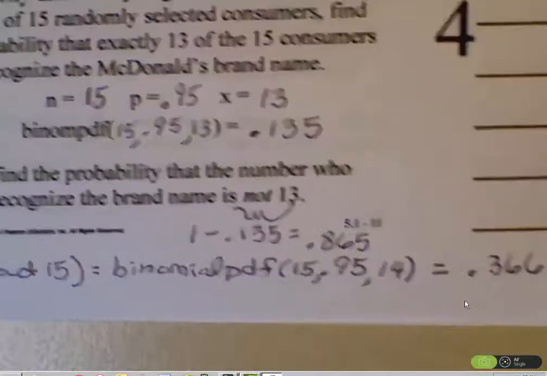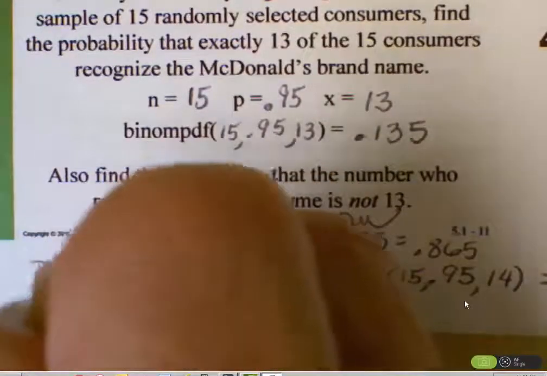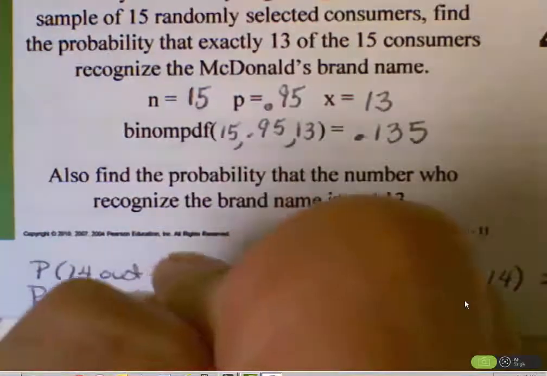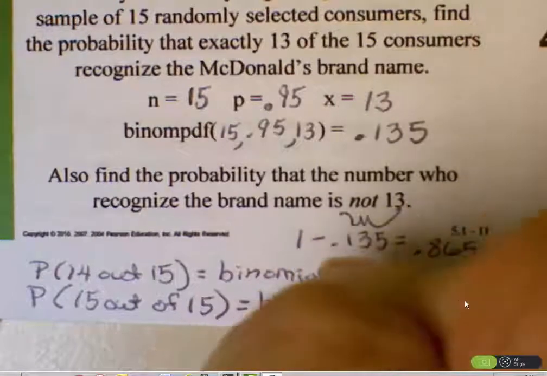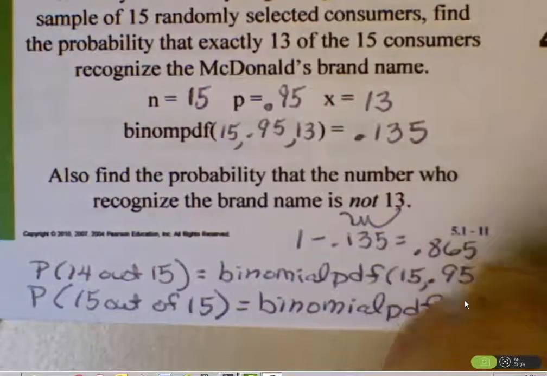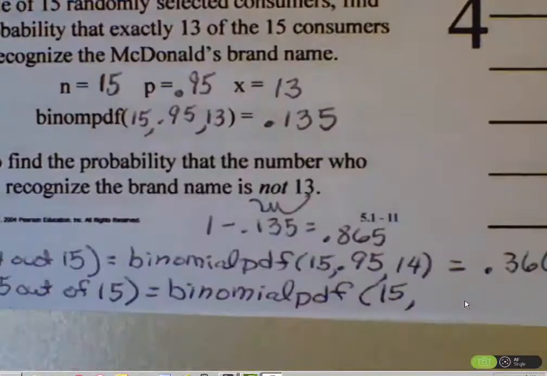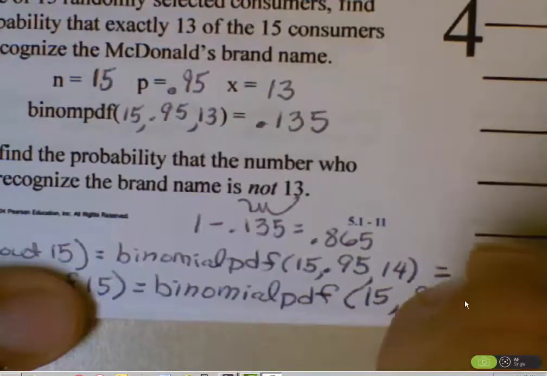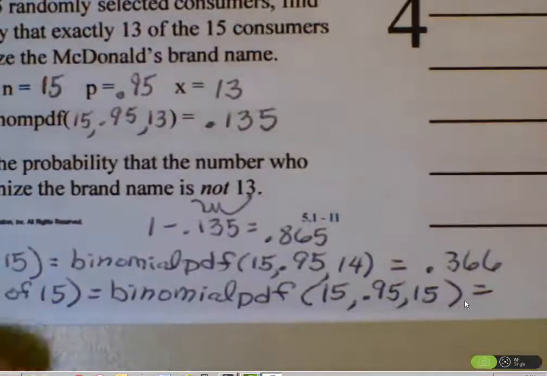And then I think I have room to squeeze one more example here. What about the probability of 15 out of 15? There's a 95% recognition rate. What's the probability that all 15 people go, yes, I know what McDonald's is? I'd enter that as binomial PDF 15, 0.95, 15.